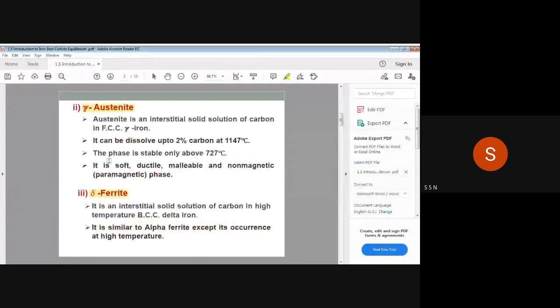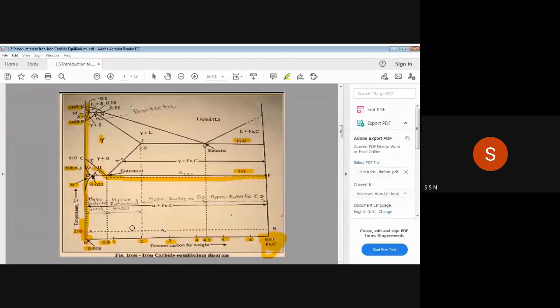Next is gamma austenite. Gamma austenite is also one kind of solid solution of carbon in FCC gamma iron. I have already told you that whatever gamma iron there is from 768 degrees Celsius to 1400 degrees Celsius, pure gamma iron will be there, and here this gamma iron will represent the solid solution.